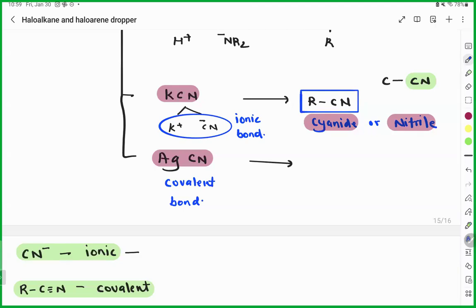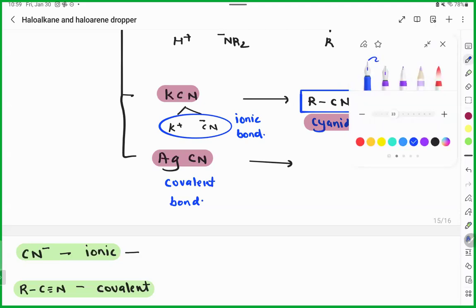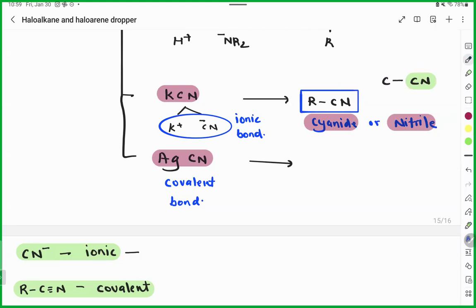And if it is not exactly same, in this case, you will form isocyanate, and your product will be RNC. Extremely important, this name.